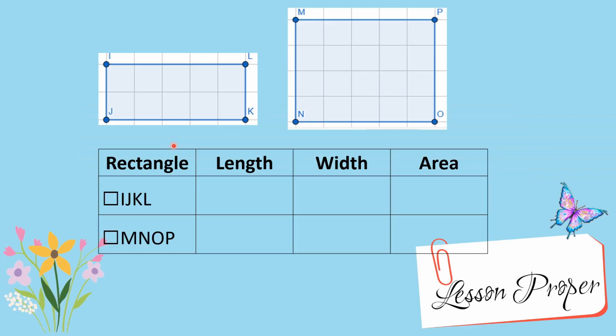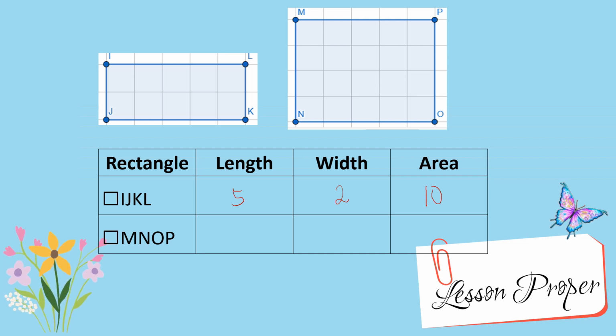Now let's have another set of rectangles: rectangle IJKL and rectangle MNOP. If the length of rectangle IJKL is 5 units and its width is 2 units, then what is its area? That's correct. The answer is 10 square units.